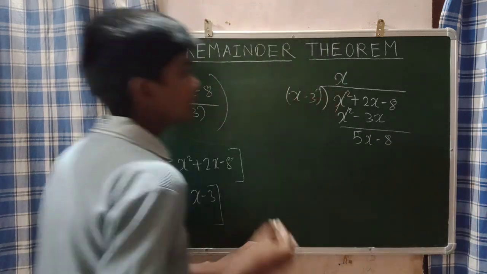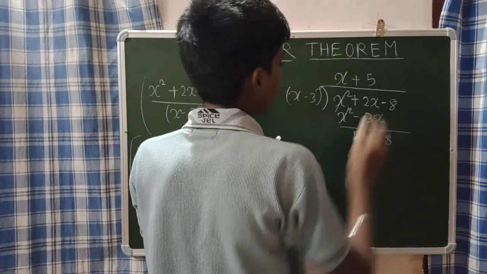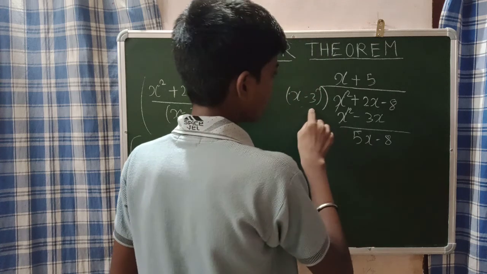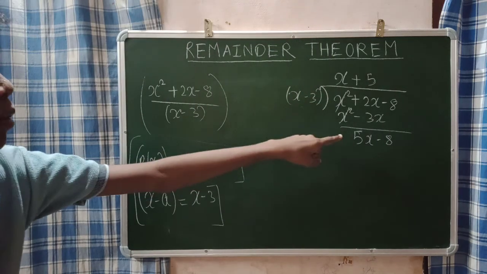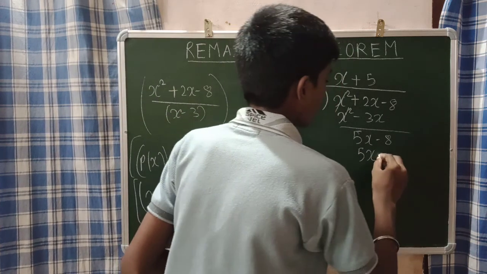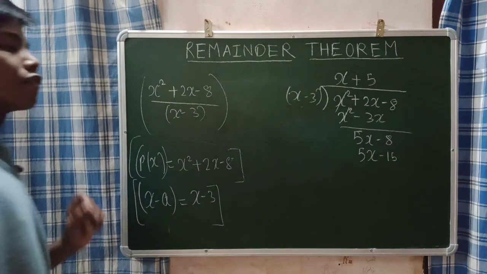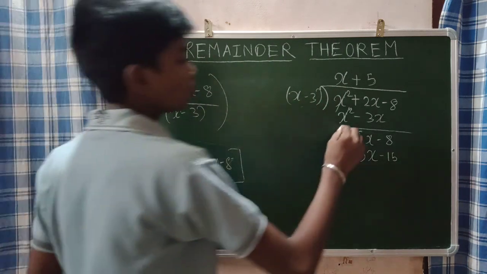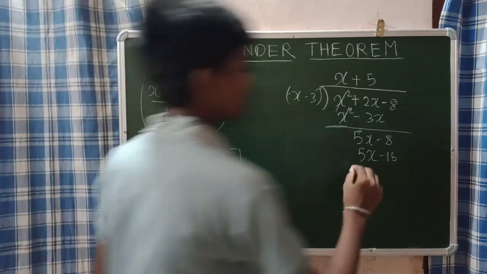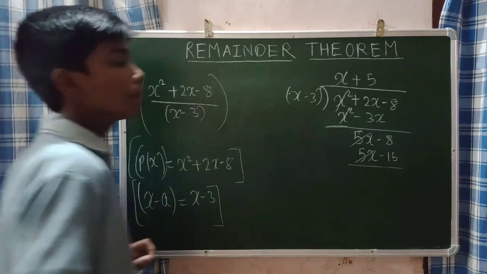Now take plus 5: x minus 3 into 5 is 5x minus 15. Now 5x cancels, and minus 8 minus of minus 15 is minus 8 plus 15.